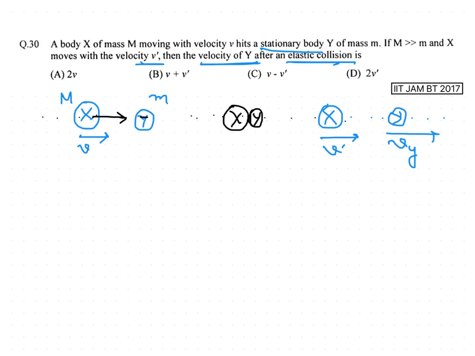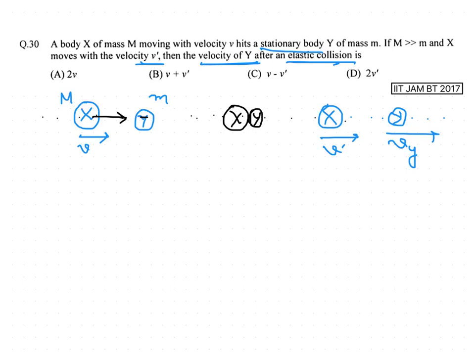Now, as I have said, in case of elastic collision, two quantities remain conserved. One is linear momentum and another is kinetic energy. So let us write down the linear momentums of X and Y before and after collision.